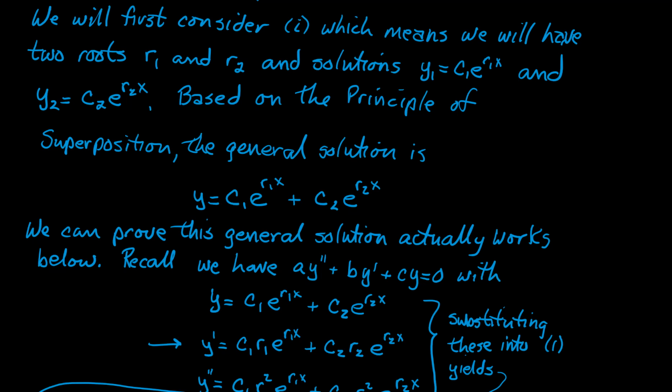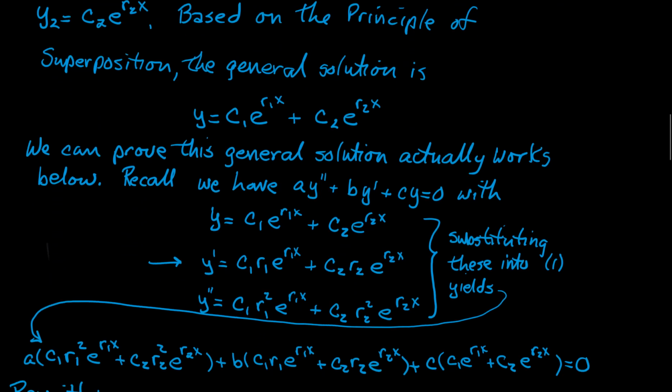Now, we can prove that this general solution actually works by looking at our original equation, ay double prime plus by prime plus cy equals 0, and computing the first and the second derivative of our general solution, which has the big yellow arrow pointing at it.